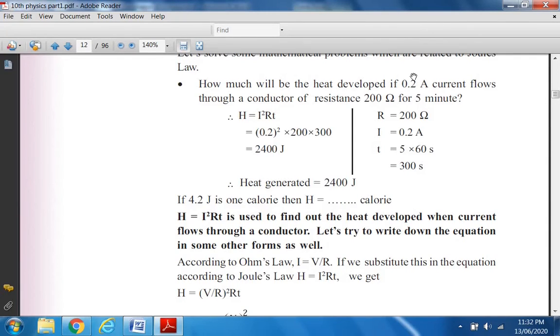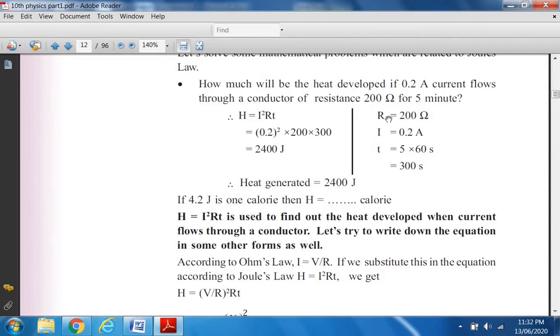Okay, here, how much will be the heat developed if 0.2 ampere current flows through a conductor of resistance 200 ohm for 5 minutes? What are the quantities given in the problem? You should write them one by one in the right part of your notebook.